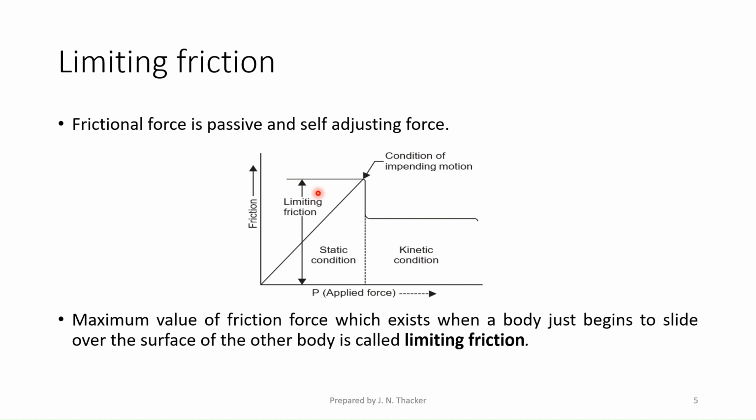It acts as a reaction to your applied force, and it is also self-adjusting, so it will increase according to the increase in your applied force P. So, by definition, maximum value of friction force which exists when a body just begins to slide over the surface of another body is called limiting friction. The maximum value of frictional force you can get in the static condition is called limiting friction force.